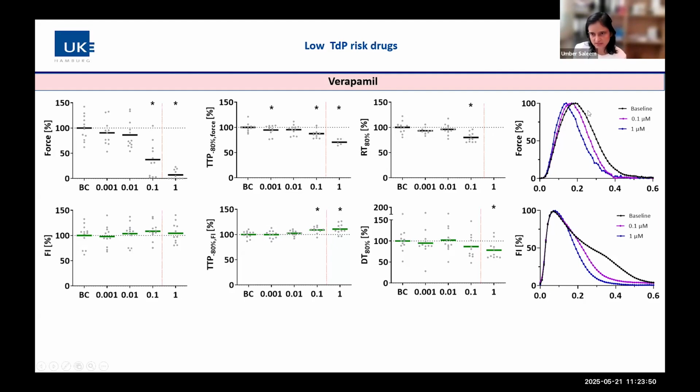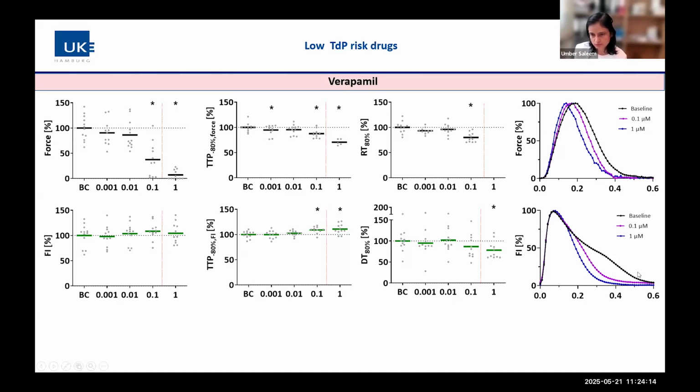And similar results are depicted in the form of average peak. This black is the baseline, and then with increasing concentration, there is shortening of the force peak. And verapamil showed no effect on fluorescence intensity, showed an increase in time to peak, and showed a decrease in decay time.